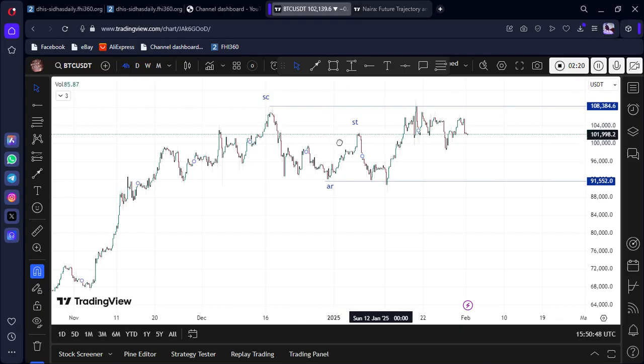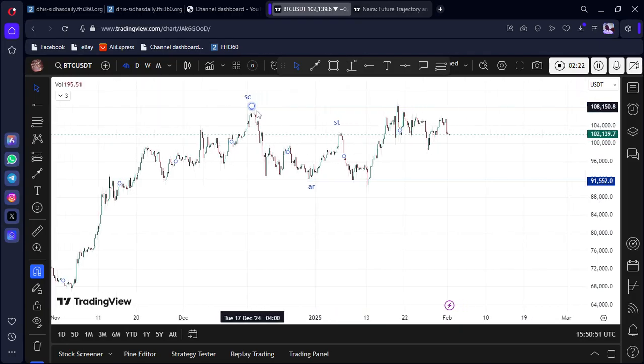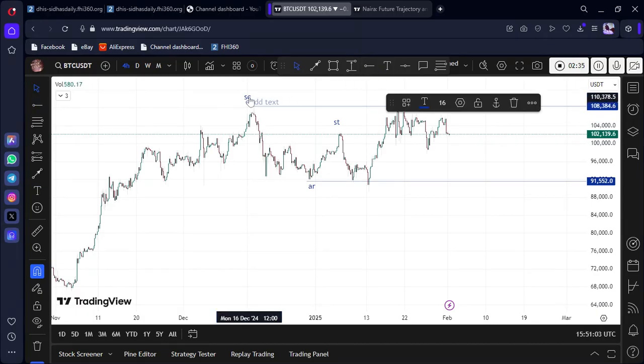So this is my secondary test, and now you're going to look for a move above your selling climax, or sorry, this is the buy climax. So sorry. This is actually a buy climax, not a sell climax. It's an accumulation schematic.